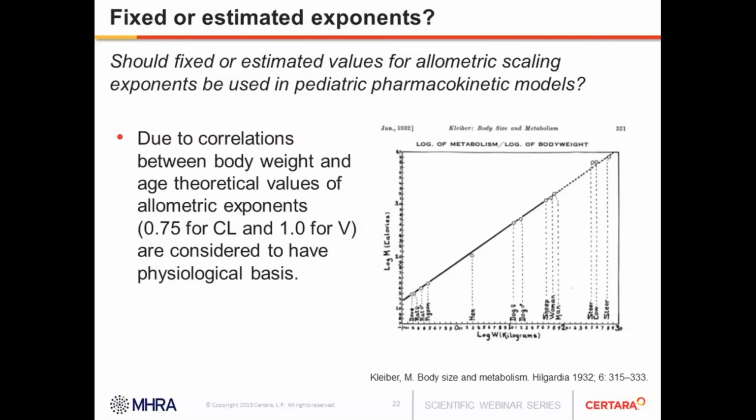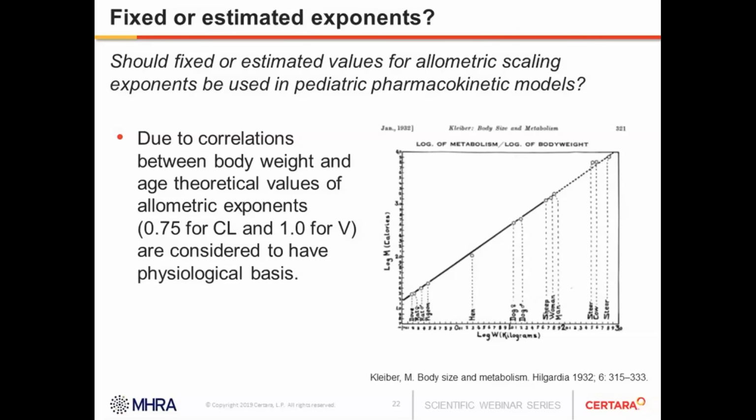However, of course, there's been a lot of discussion in this field about whether that is the correct value or not, and we know that there are other exponents, especially if you're looking at GFR or glomerular filtration rate or blood flow, and other values are used.